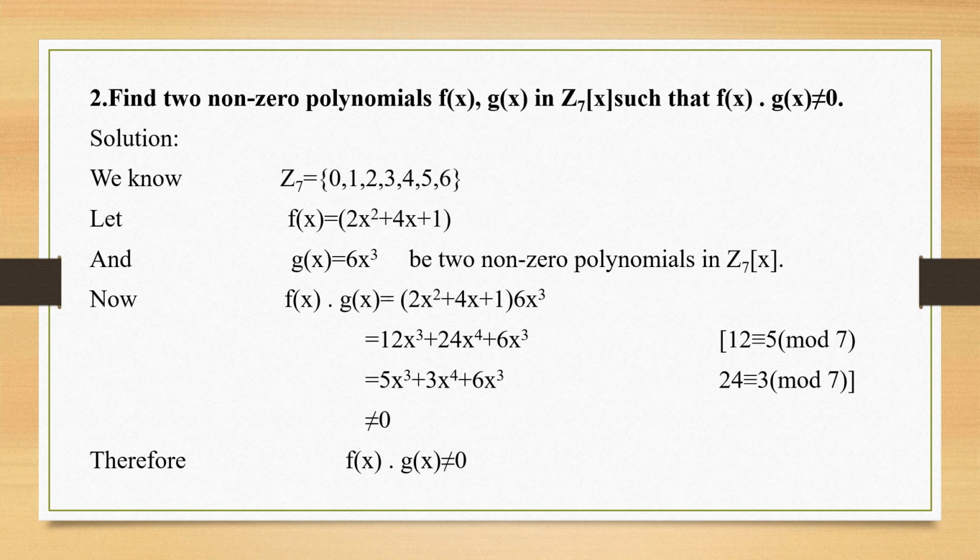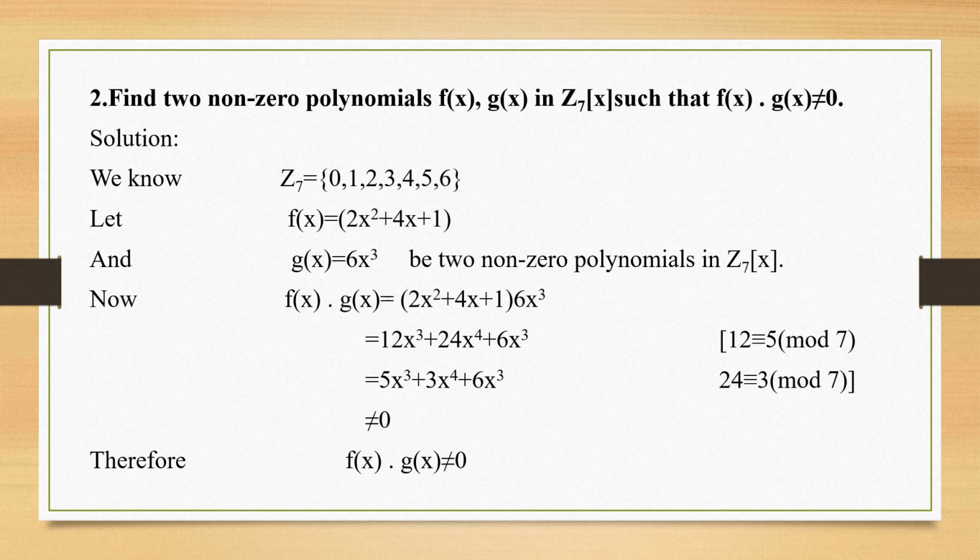Only if it is perfectly divisible by 7. So I have to choose numbers such that when I multiply the two polynomials, I don't land up with multiples of 7. Suppose I land up with multiples of 7, then I will face a problem by writing the remainder as 0, and then this will be a contradiction.